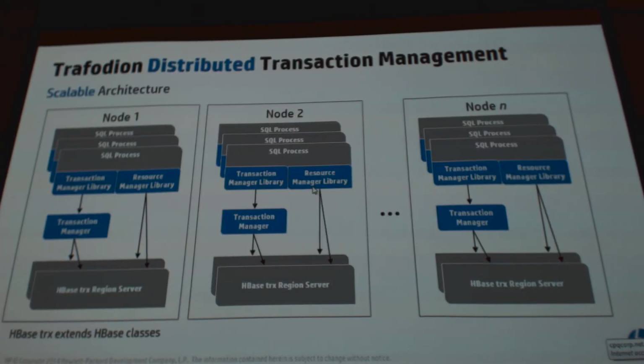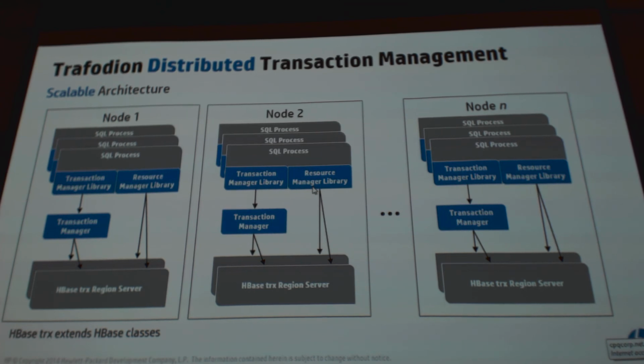So this is the transaction manager implementation we have, just to show you that it's a very scalable architecture, a very distributed architecture. There is no resource contention. There is no one single point of contention here. So we have created a distributed transaction manager which can scale.